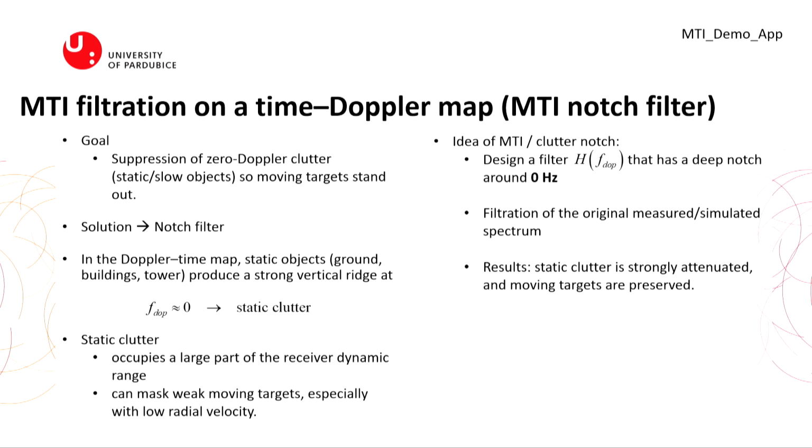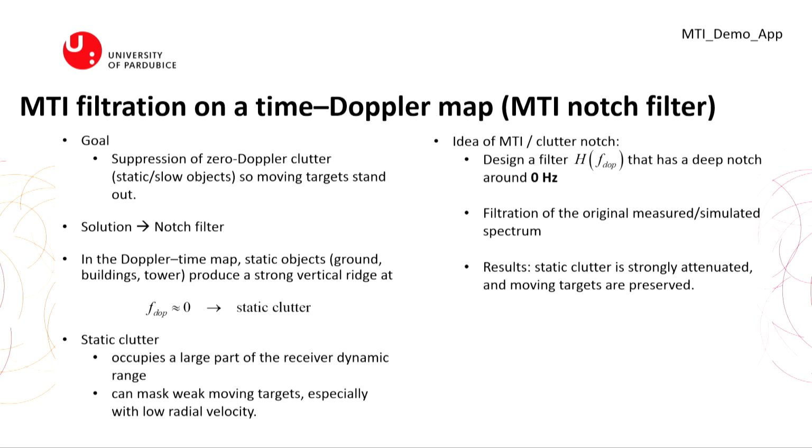If there is a notch around 0, then we remove everything around this 0. Now it depends how you set this notch filter, because the notch can look like this one, very narrow, or a wide one, and so on.